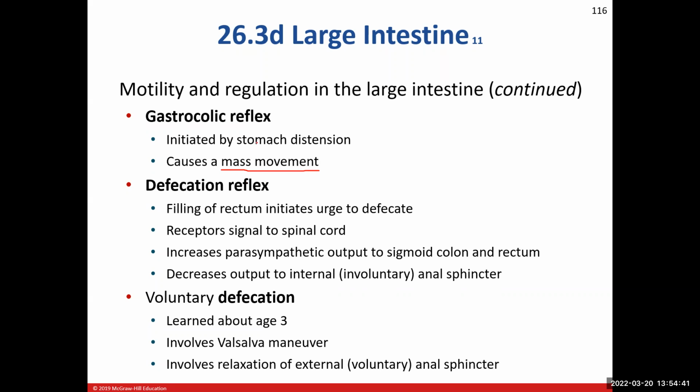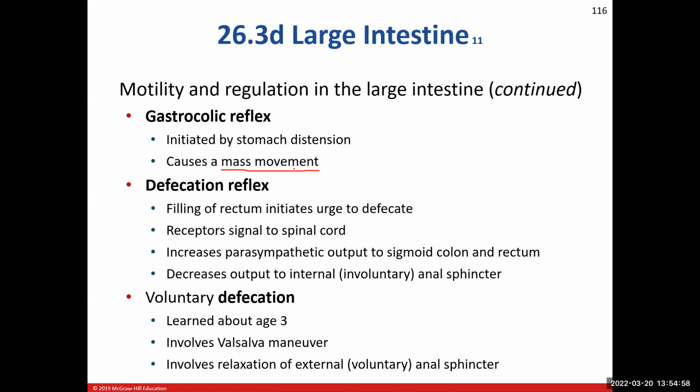Well, this is then going to send sensory information to the spinal cord. We don't even need to really involve the brain yet, per se.